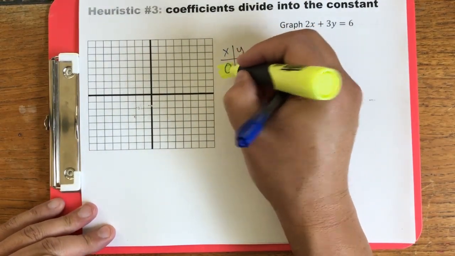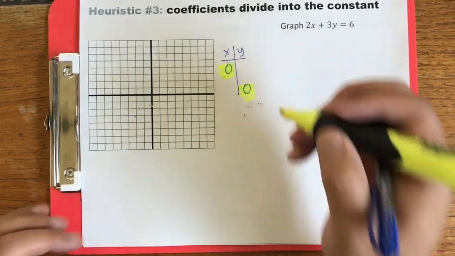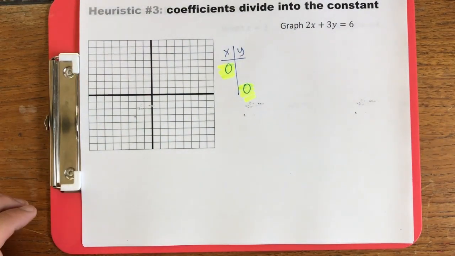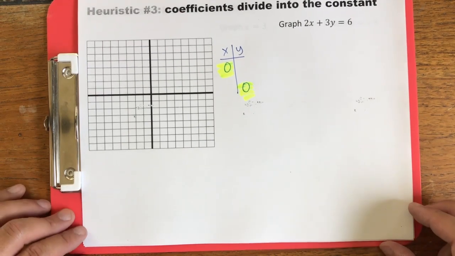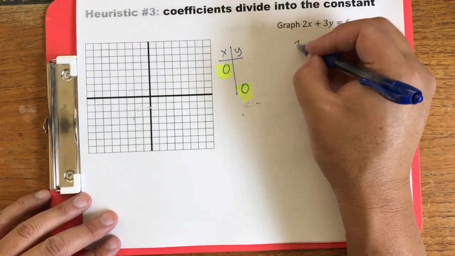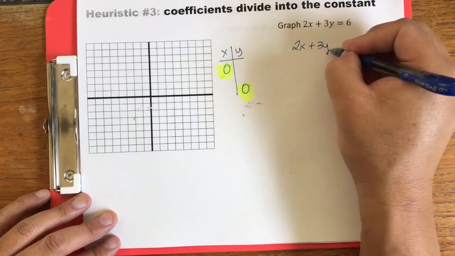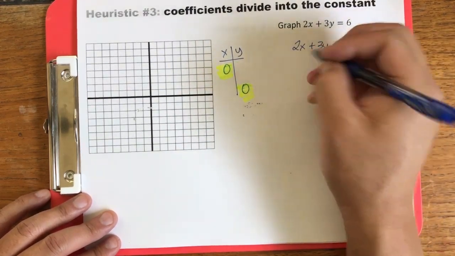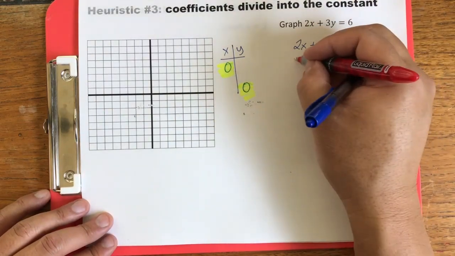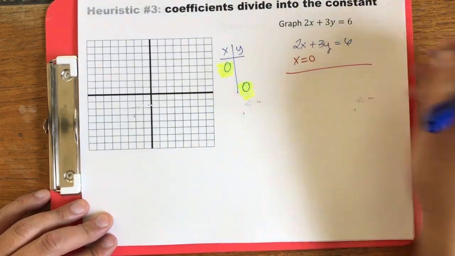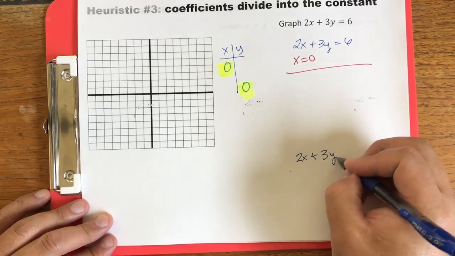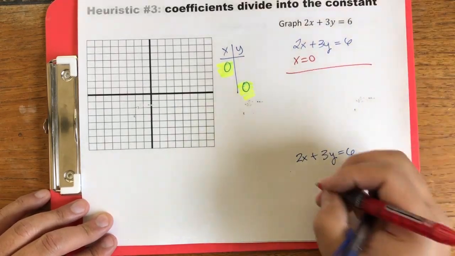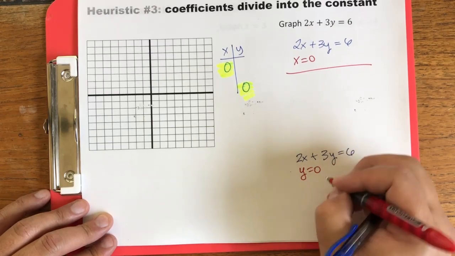In these problems, I tend to only plug in 2 numbers because it's hard to find a third number that works that doesn't give you a fraction. So just be careful. So one problem we're going to solve is 2x plus 3y is equal to 6 with x equal to 0, and 2x plus 3y is equal to 6 with y equal to 0.